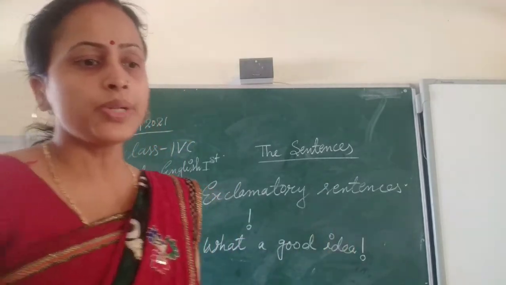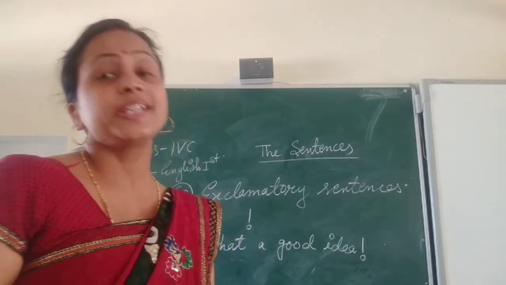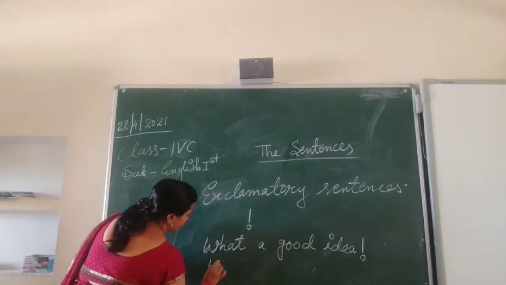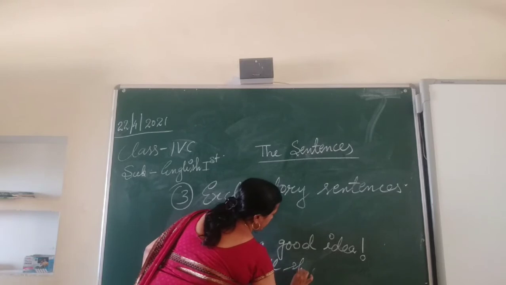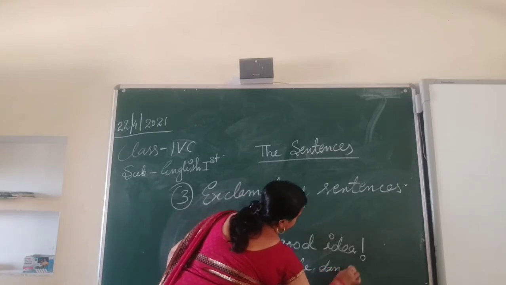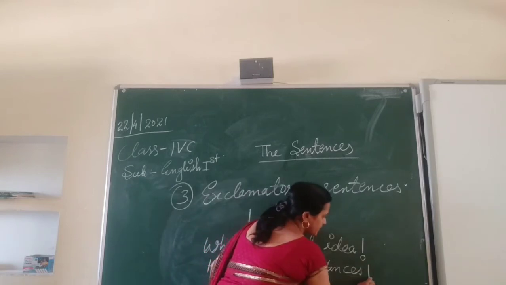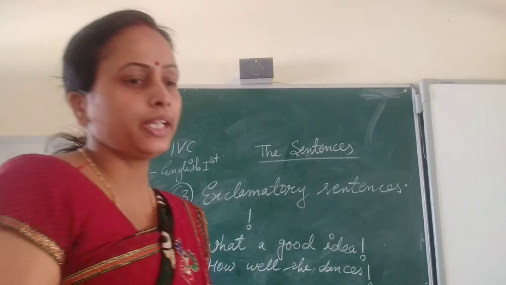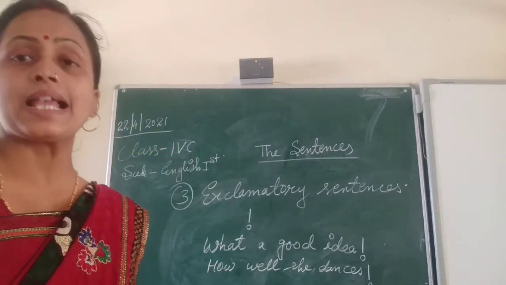Okay. One more example if you want to see. Just see: "How well she dances!" Here also we will use an exclamation mark because it also expresses strong feeling. "How well she dances!"